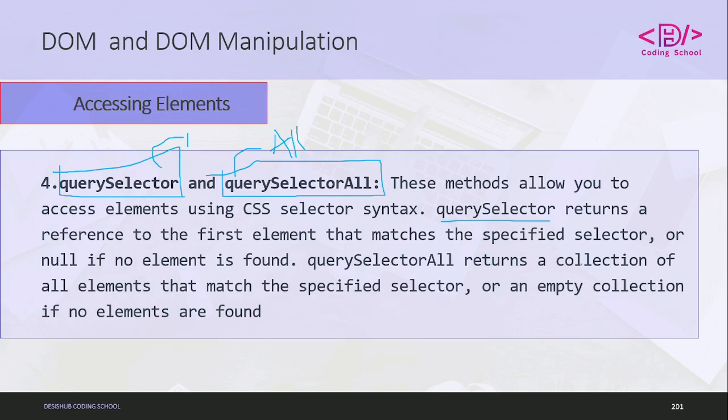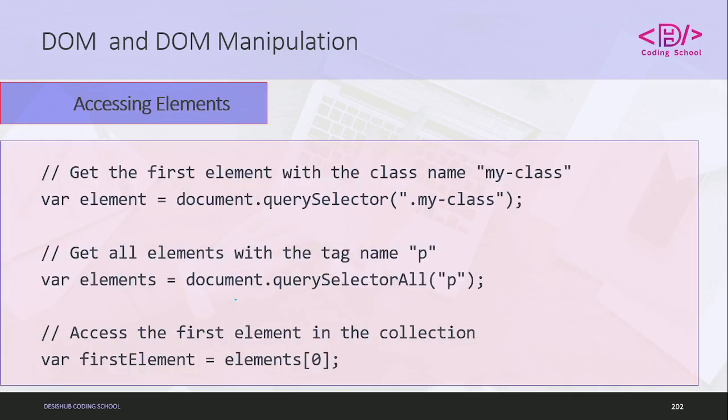You can see it returns a reference to the first element that matches the specified selector, or null if no element is found. On the other hand, query selector all returns a collection of all elements that match a specified selector, or an empty collection if no element is found.